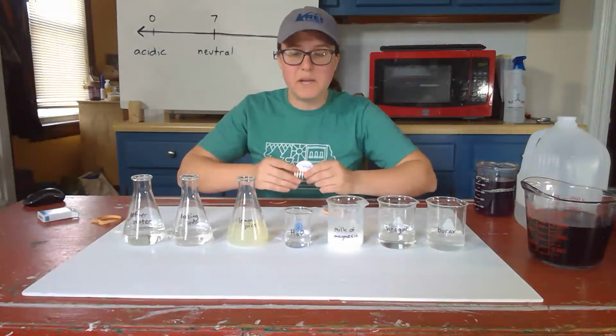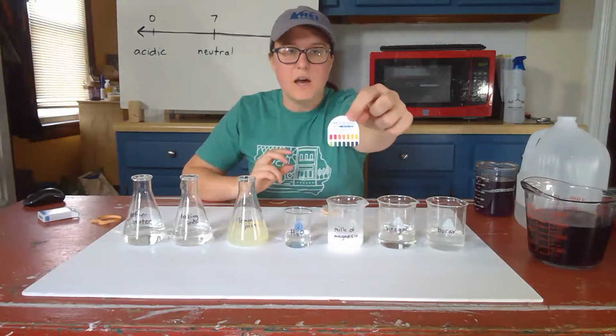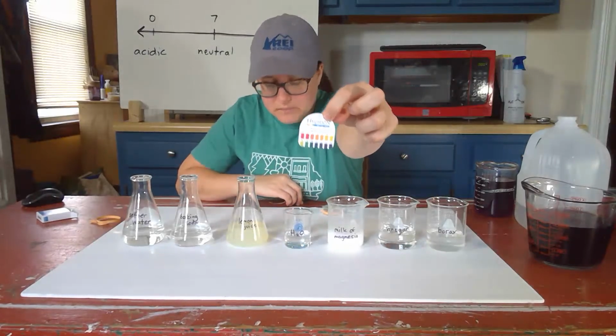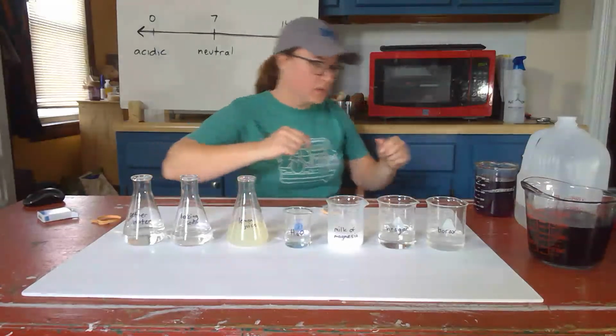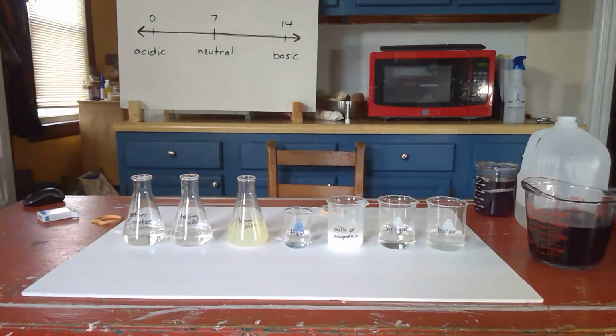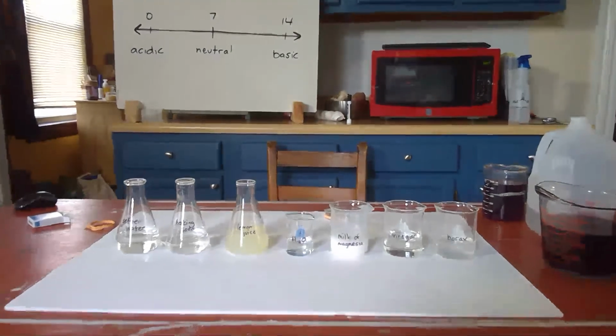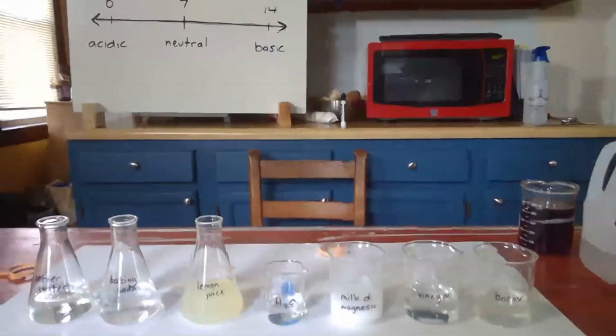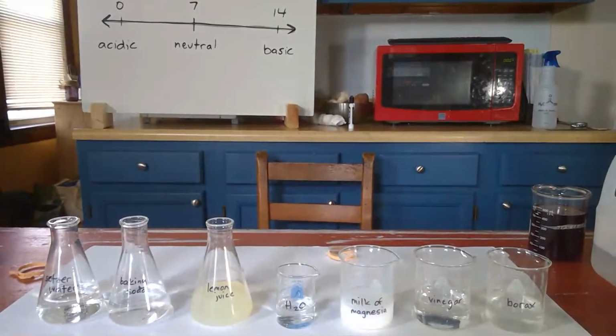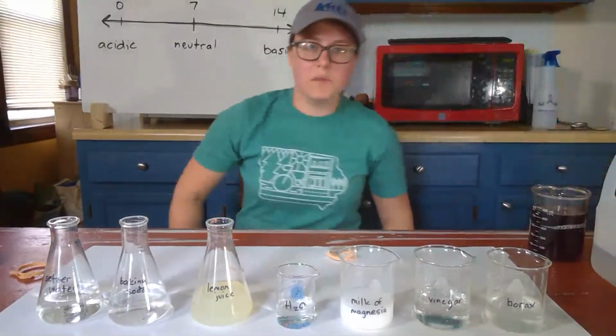Okay, so now we're going to do pH stuff. I have a pH indicator strip here, and I'm actually going to zoom in a little bit more. Hopefully you guys will be able to see. There we go. I think I can still be in frame there.